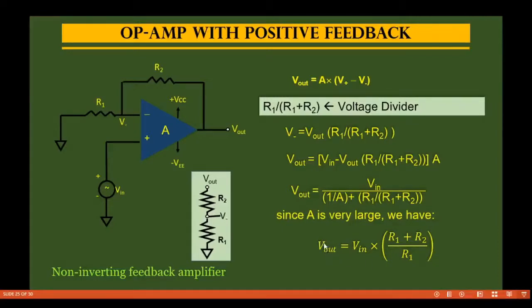So that is the voltage gain equation. If I divide V out by V in, that is the internal voltage gain of the feedback network, so we are calling it AF. This is the feedback gain of the circuit, and that is defined by 1 plus R2 by R1.